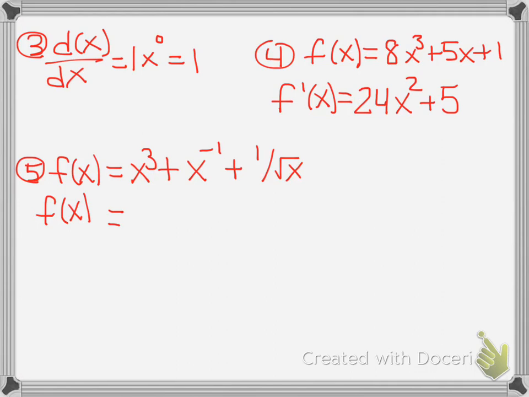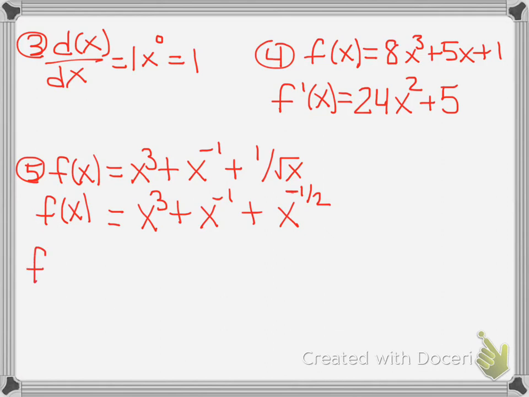So x to the third plus x to the negative 1 plus, the square root of x is x to what power? 1/2. Very good. But wait a minute, it's 1 over, so there has to be a negative sign in front. All right, there we go.